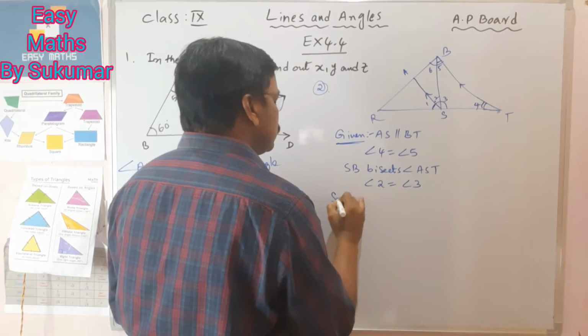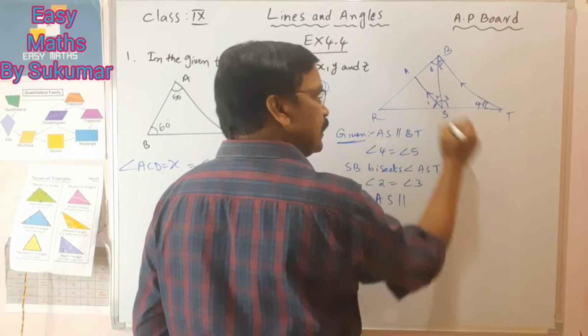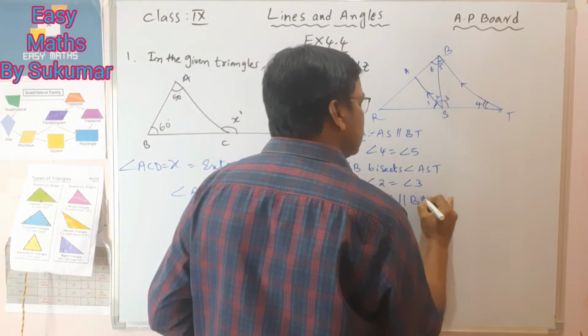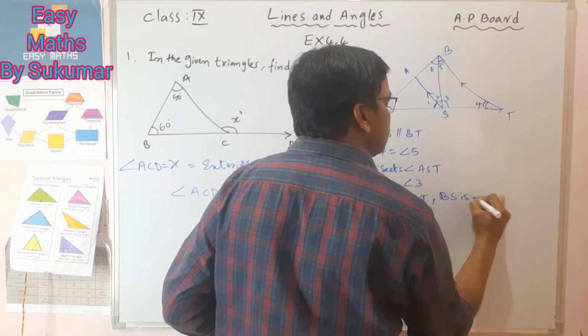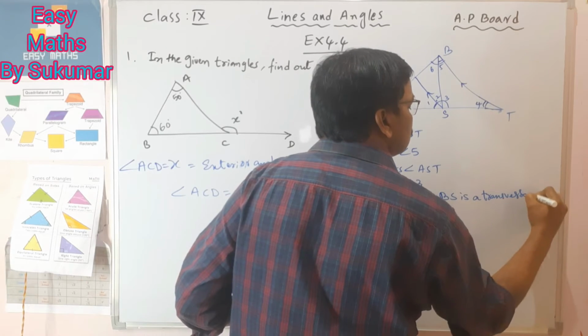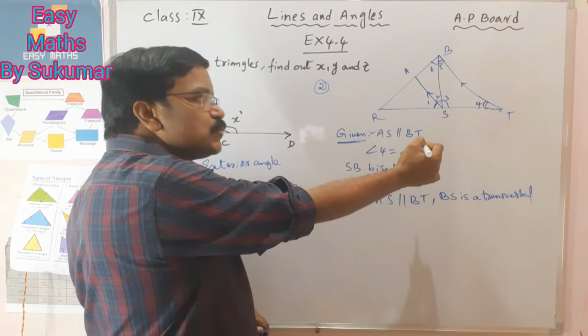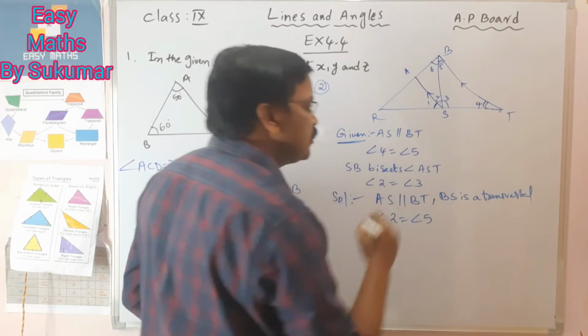See, coming to the solution here, this AS is parallel to BT, and this BS is a transversal. So my dear students, this angle 2 and angle 5 are equal.